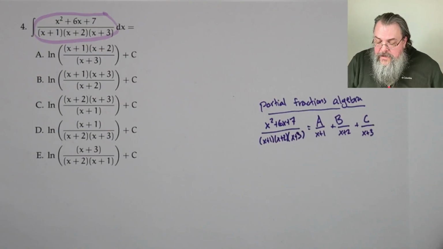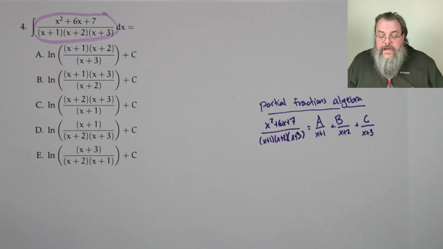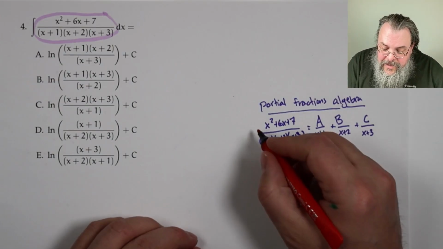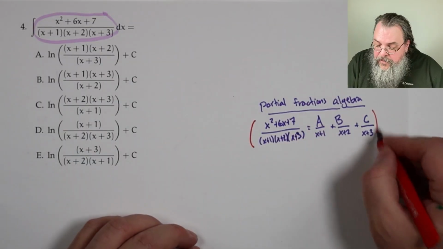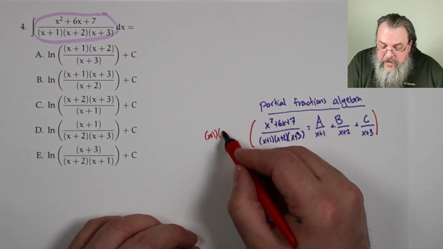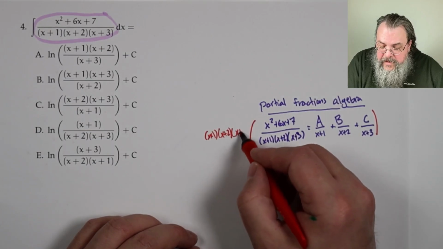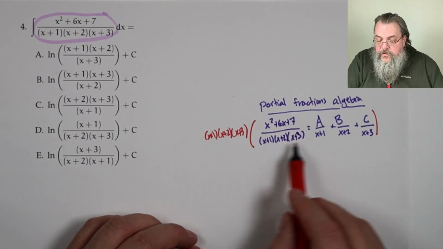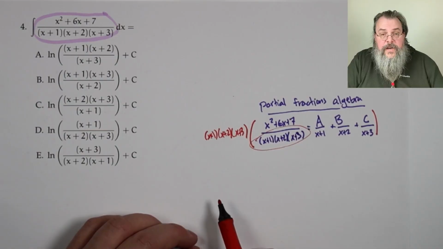All right, now that we have that, what comes next? Clear your denominators. As I like to say, fractions are dangerous. I've lost too many points to fractions. So I'm going to multiply by x plus 1 times x plus 2 times x plus 3. In other words, multiply by the original denominator.